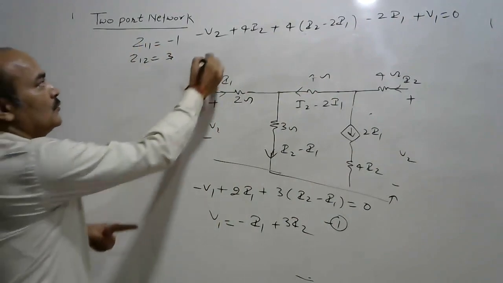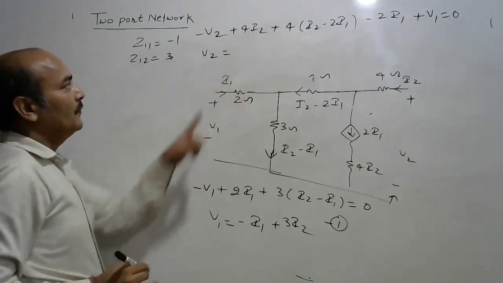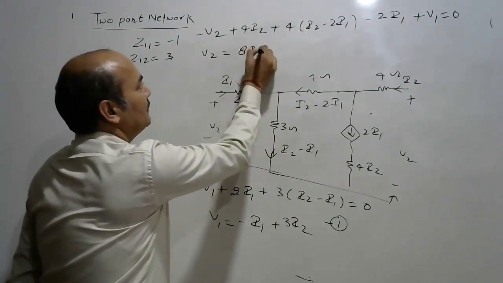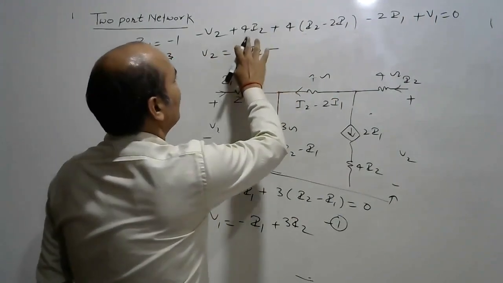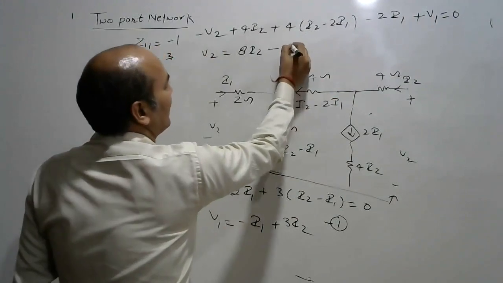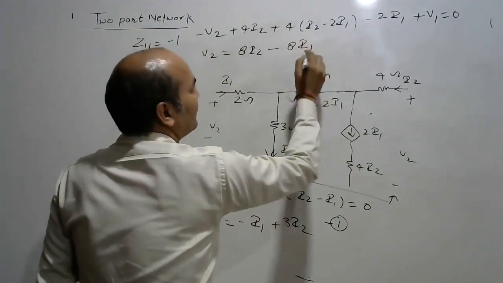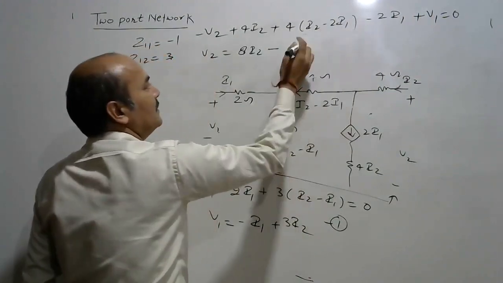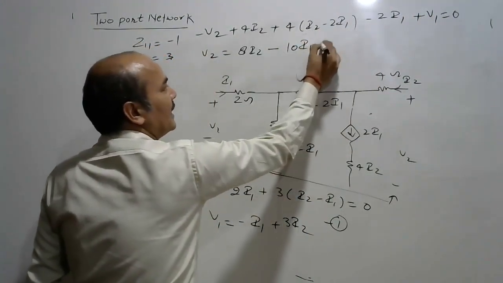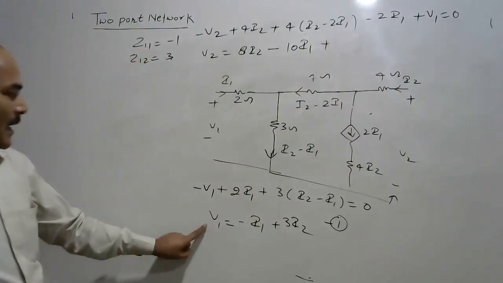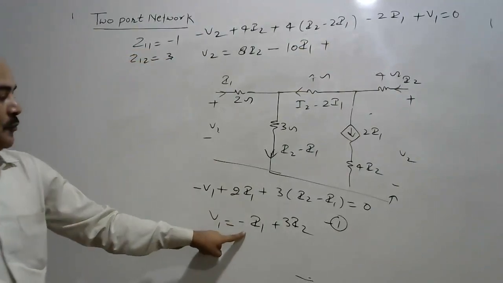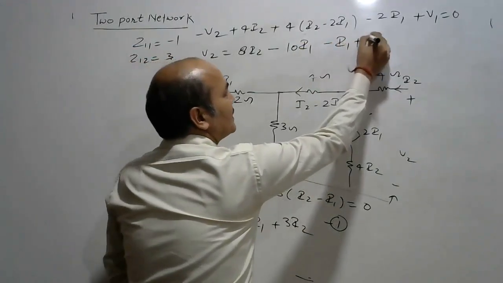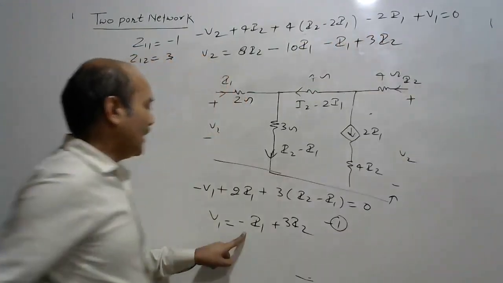So V2 equals, first, 4I2 and 4I2, that is 8I2, and minus 8I1 and minus 2I1. So this is minus 10I1 plus V1, and V1 is equivalent to minus I1 plus 3I2.